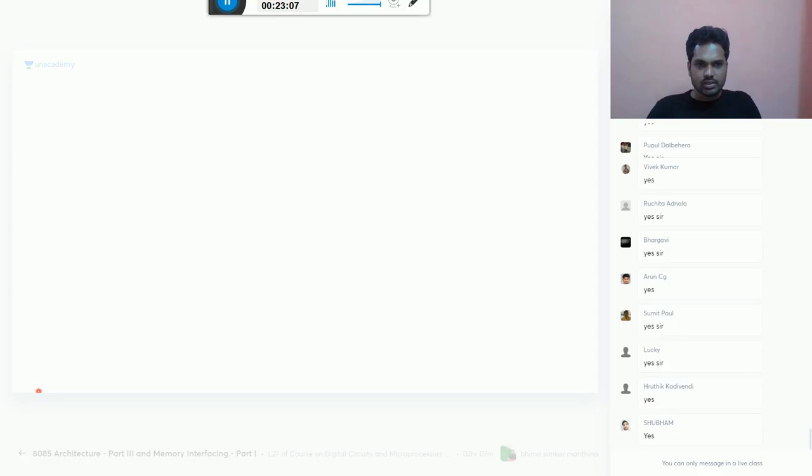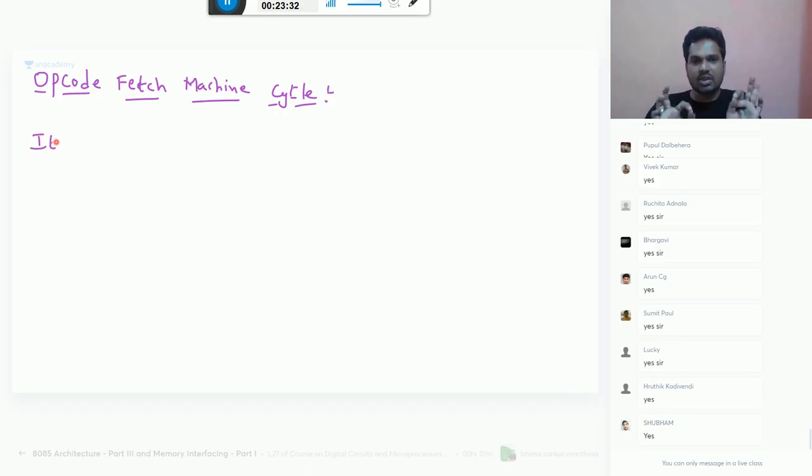So now I want to discuss the opcode fetch machine cycle. Generally here it is just name differences.